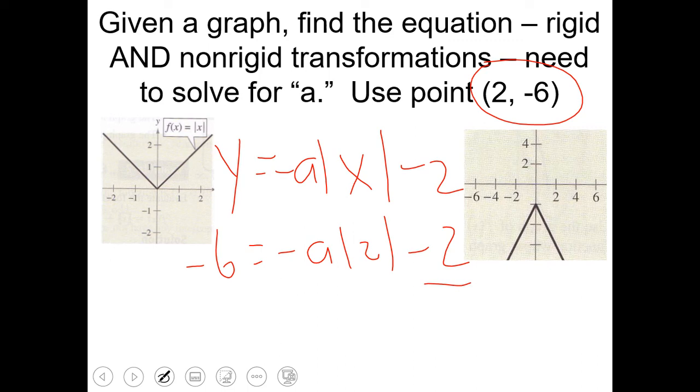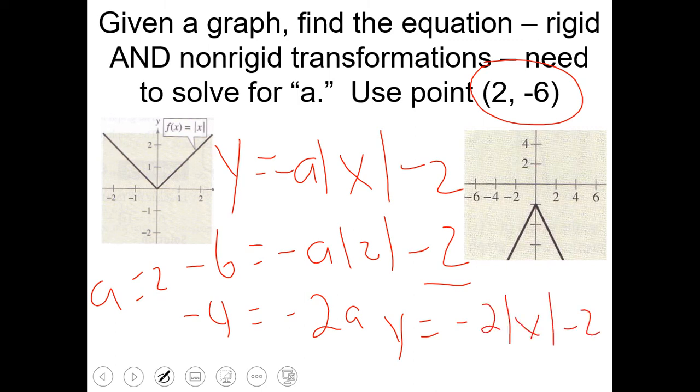I'm going to add this -2 to the other side, which is going to give me -4 equals, and then the absolute value of 2 is 2, so that's going to give me 2A. I'm going to divide both sides by -2, which means that A is 2, which means my final answer for this problem is y equals -2 times the absolute value of x minus 2.